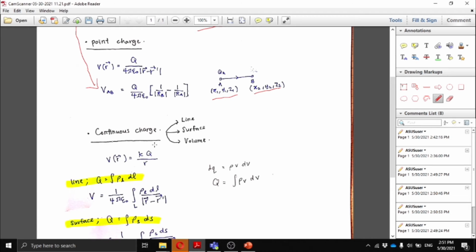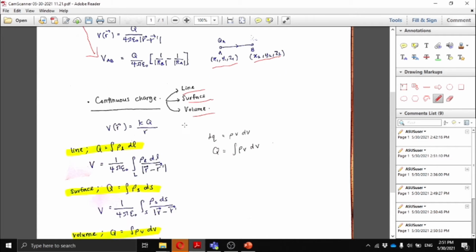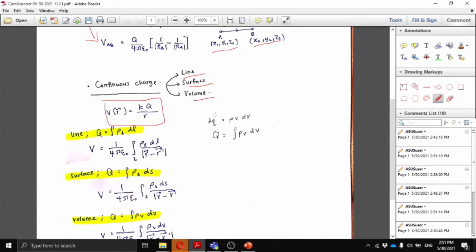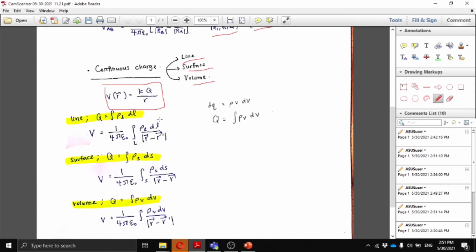Next, if we have a continuous charge, like in a line or a surface or a volume, we need to change the formula. What we need to change is the Q. As we all know, dQ is equal to the volume charge density times dV, so dQ equals rho dV, and Q equals the integration of the volume charge density dV.